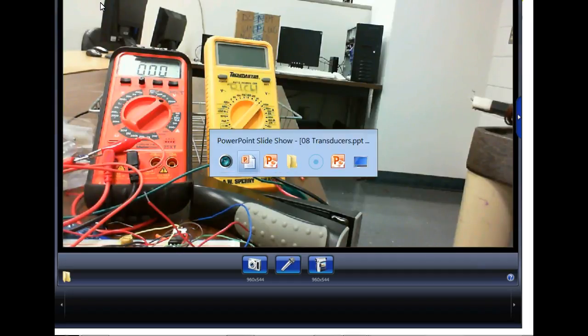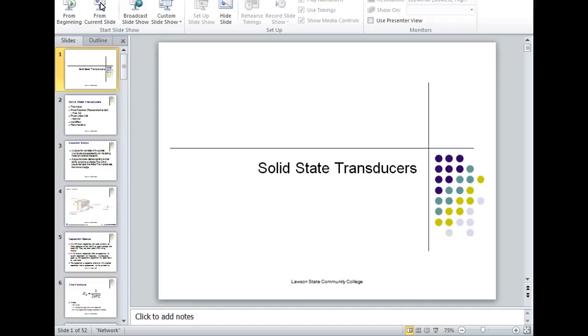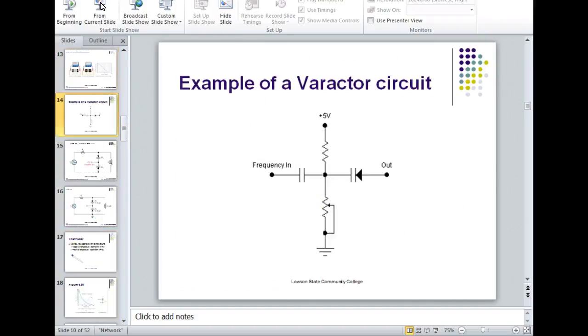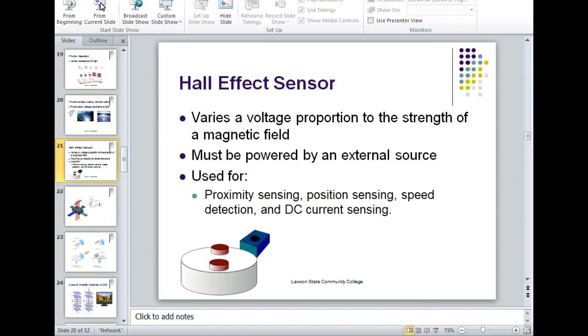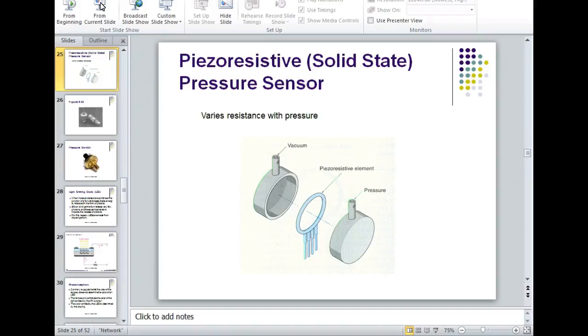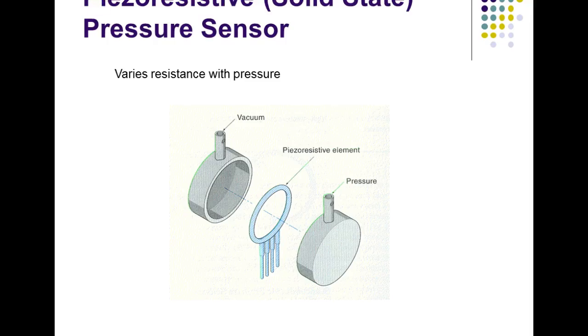But a pressure sensor senses pressure, right? So that's not exactly what this is, but it's close. So we have a piezo-resistive element, and what does that mean?